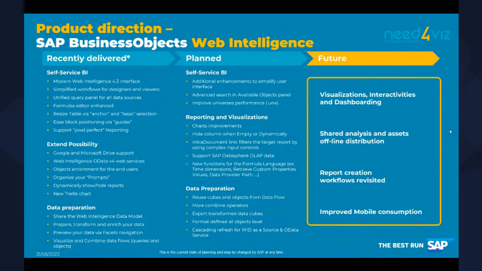We will come with several tremendous capabilities and new innovations in this area, which are summarized here: visualization and dashboarding, the ability to share an offline Webi document with all the interactivities that you can use like a PDF. So imagine a PDF with all the interactivities, with all the data that you can use, share freely outside the Business Objects world. That's what we are planning. And some improvement in the area of report creation and mobile consumption.